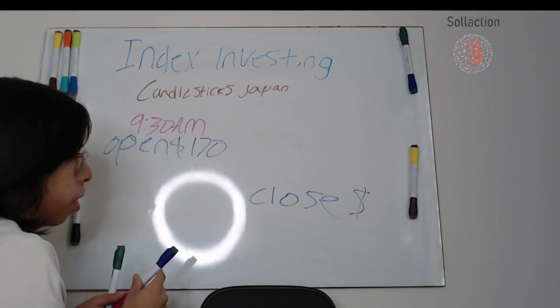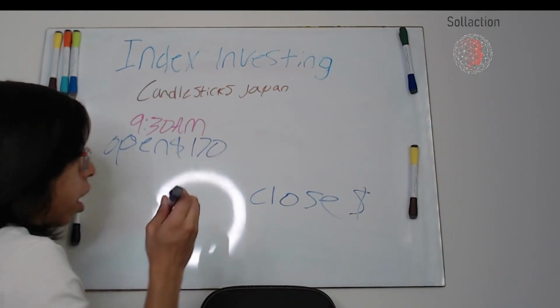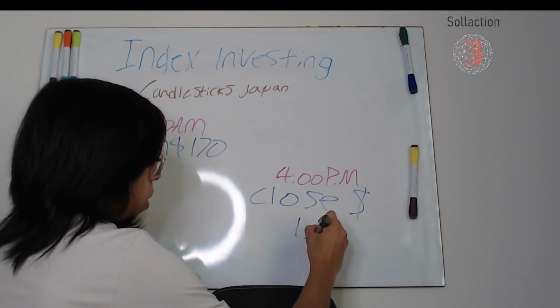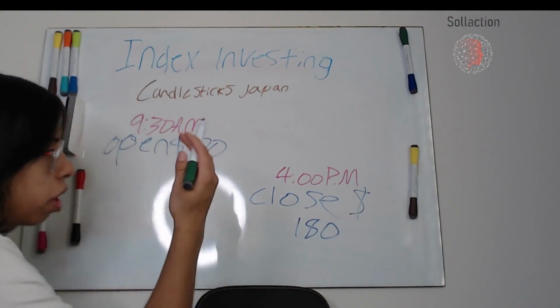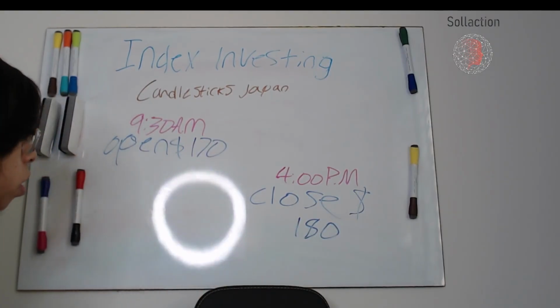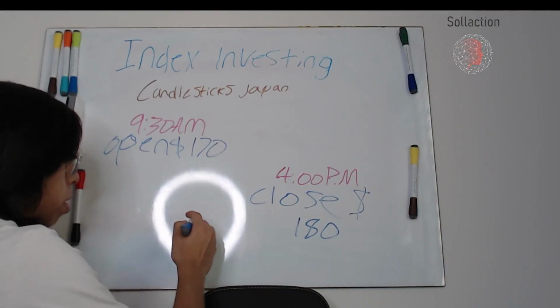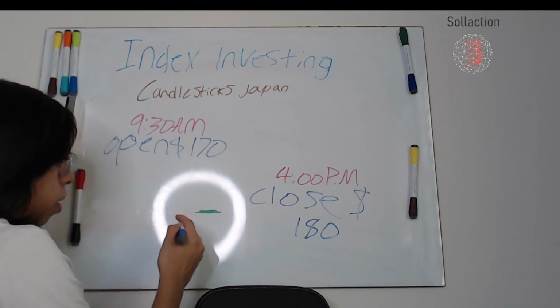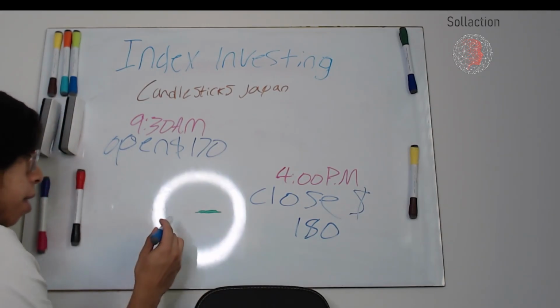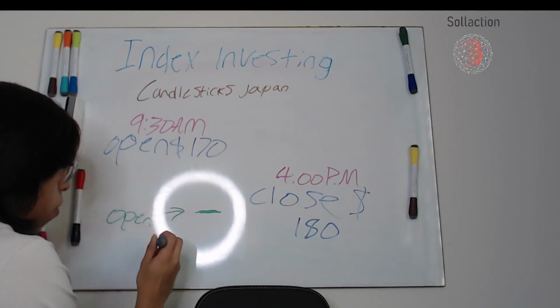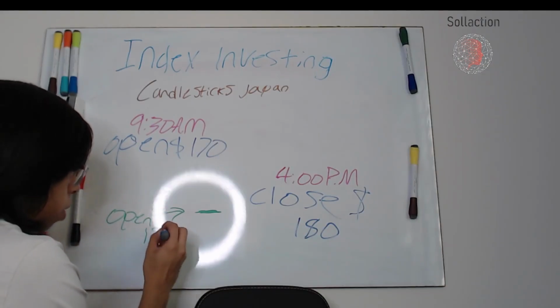And then it closed at 4 p.m., let's say, at $180. So the price went up. Apple went up. If Apple opens right here, you're always going to see this. It opened right there, and this represents the open. It opened at $170.